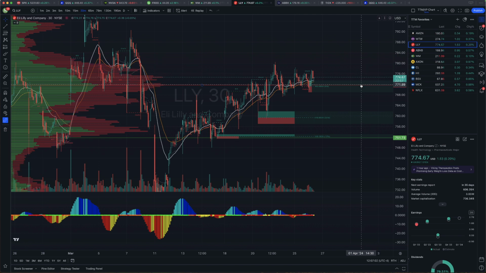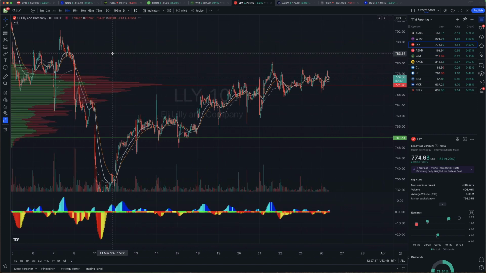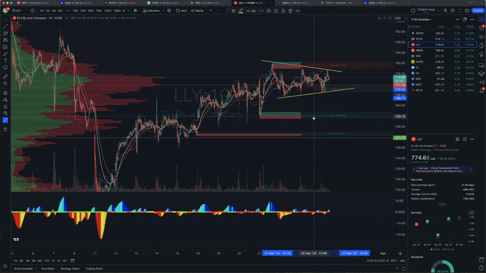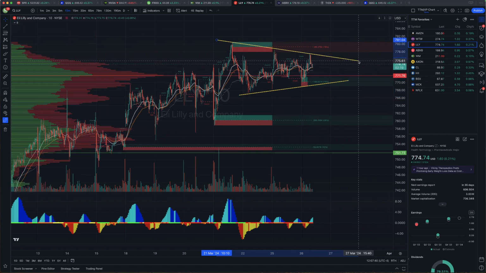I could see picking something up down here off of 777, 776, if we got down there. What does it start to look like here? Yeah, we're kind of forming this little flag here. I'd love to see if I could get that a little lower. But to be honest, I'd probably just stay away from this name.